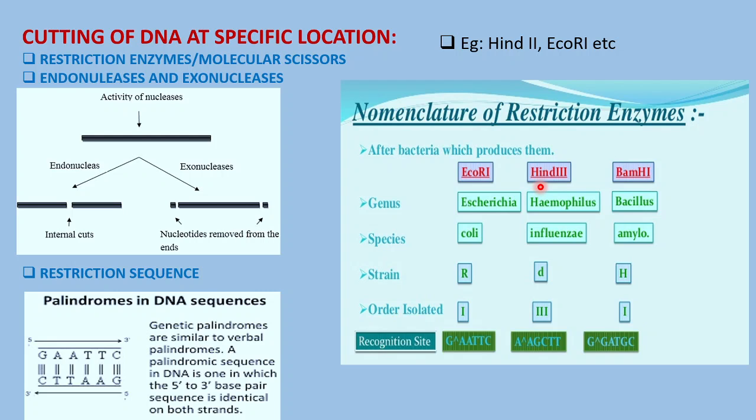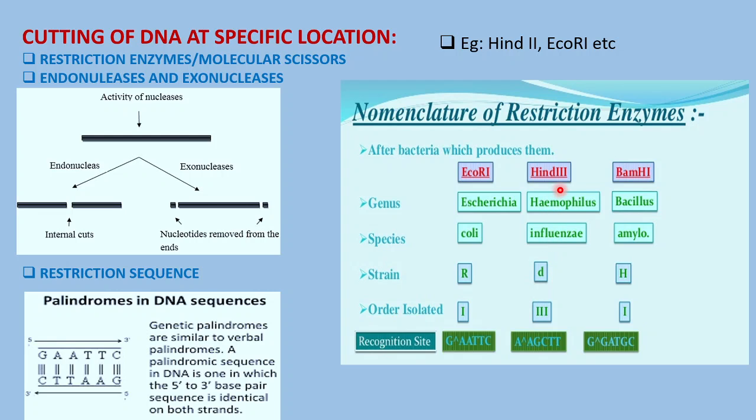Another type of restriction enzyme, HindIII. The name comes from the enzyme being extracted from the bacteria Haemophilus influenzae. So H comes from Haemophilus, IN comes from influenzae, the first letters of the species, D from the type of strain, and III means it is the third enzyme to be isolated from Haemophilus.